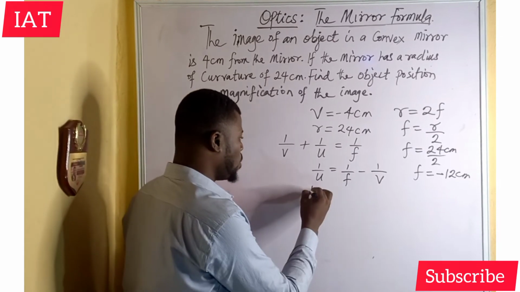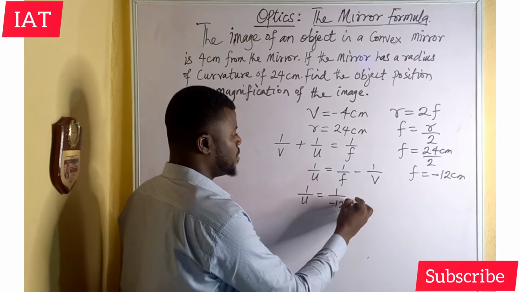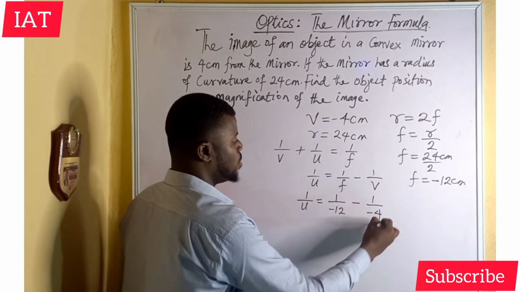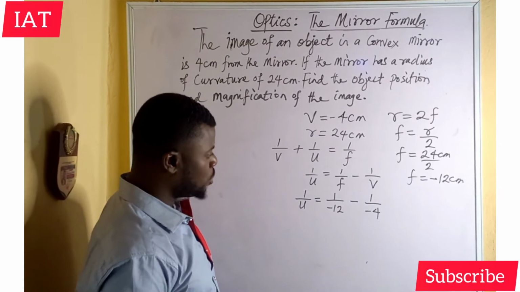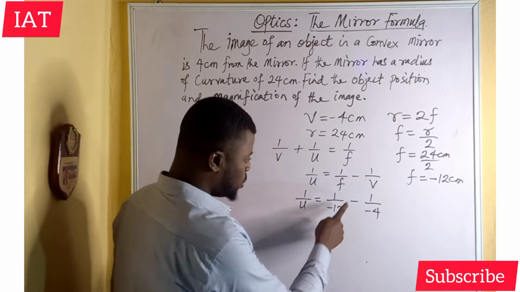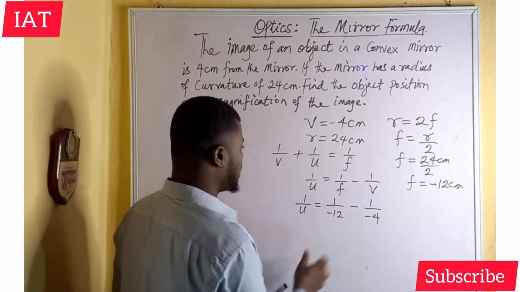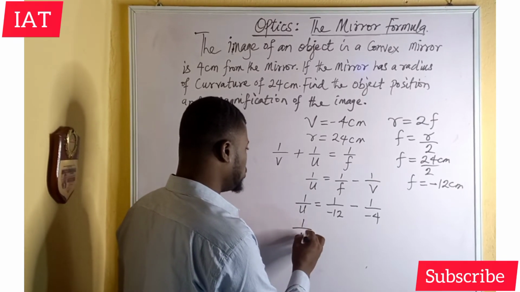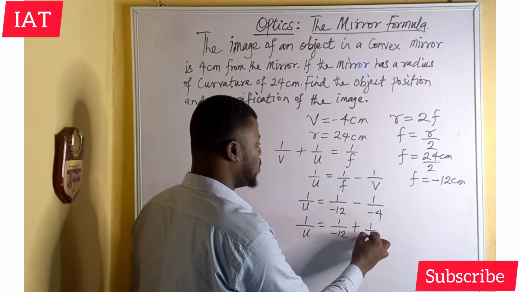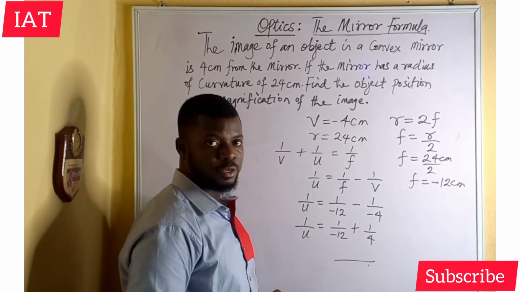So here we have 1 over u equal to 1 over minus 12 minus 1 over minus 4. What will be the LCM of the denominator? Of course, you know that this negative sign will make this become positive. So this expression can be written as 1 over u equal to 1 over minus 12 plus 1 over 4. So the LCM of the denominator is minus 12.